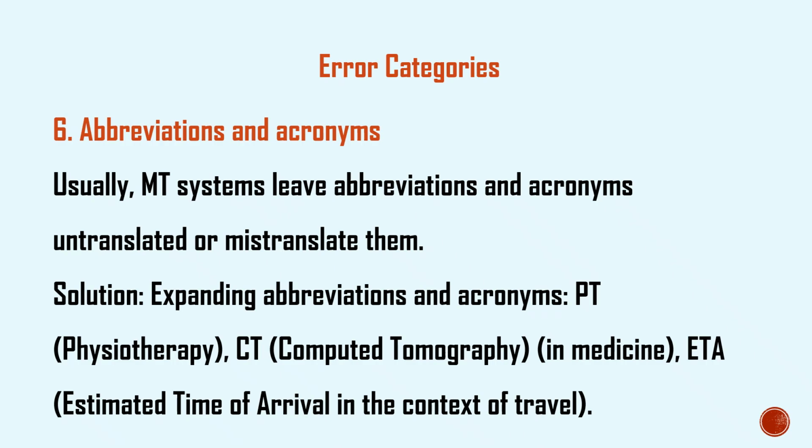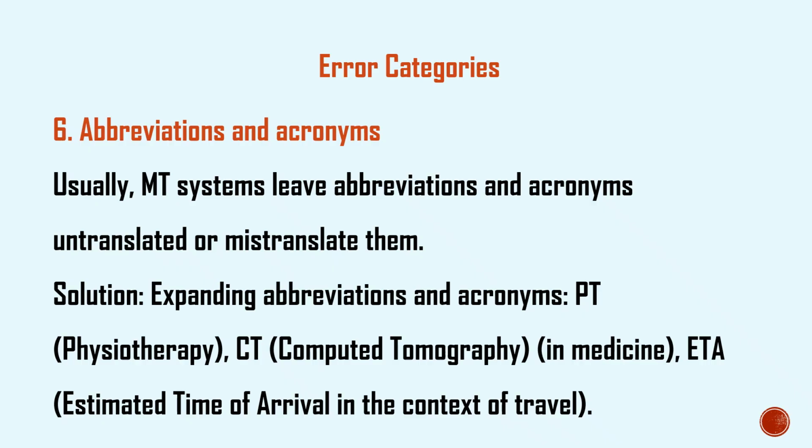This is especially common with forms like PT, CT, ETA, which have multiple possible meanings across medicine, engineering, linguistics, travel, and time zones. To avoid these errors, translators should expand the abbreviation in the source text before feeding it into machine translation.